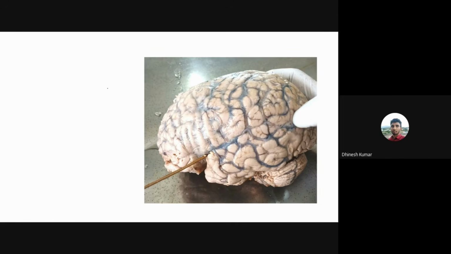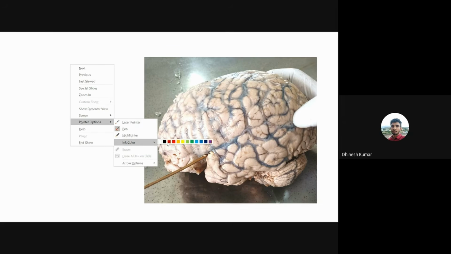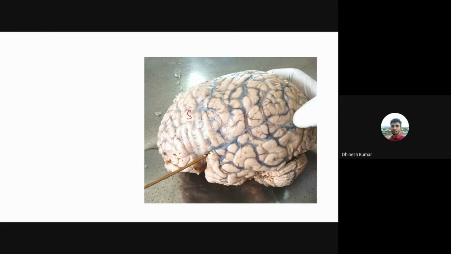Identify the probed area, mention its 3 parts, or mention the content of the probed area. Yes, you are seeing the superolateral surface of the cerebrum, or cerebral hemisphere, isn't it? So what is the sulcus you are seeing here?